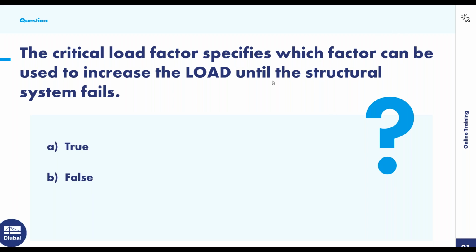All right, so the statement was: the critical load factor specifies which factor can be used to increase the load until the structural system fails. And it looks like everyone got it correct. Everyone had answered true. That was correct. The critical load factor, if it's above 1, then that means your structural system is stable.